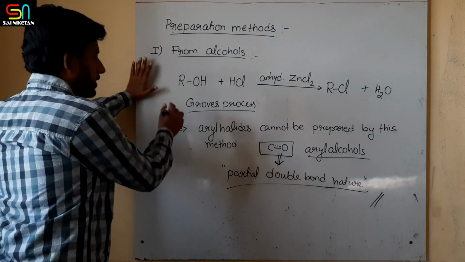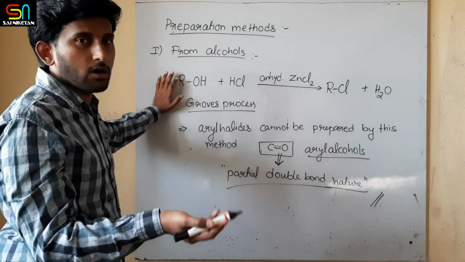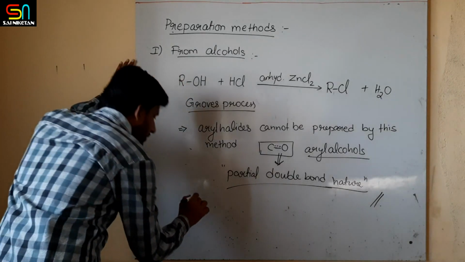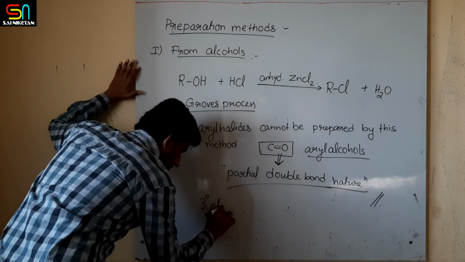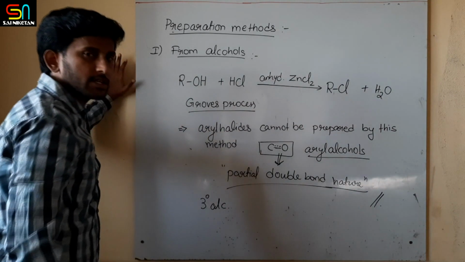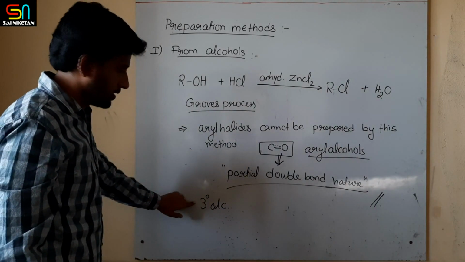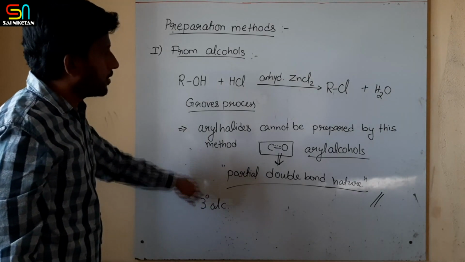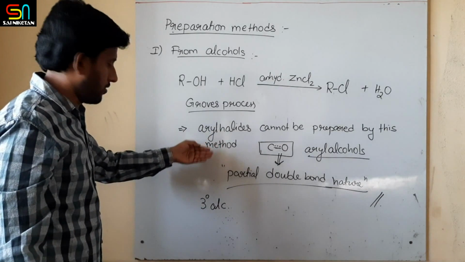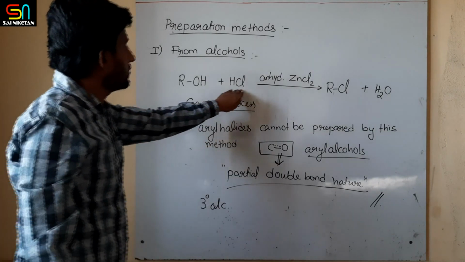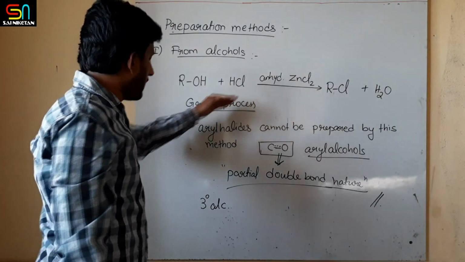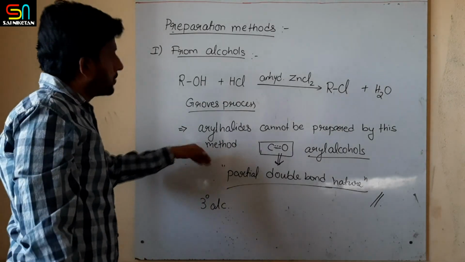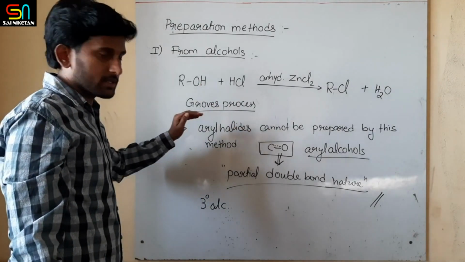Now if you compare among the alcohols, tertiary alcohols give a quick or fast reaction with HCl and anhydrous ZnCl2, and you will get more amount of product.